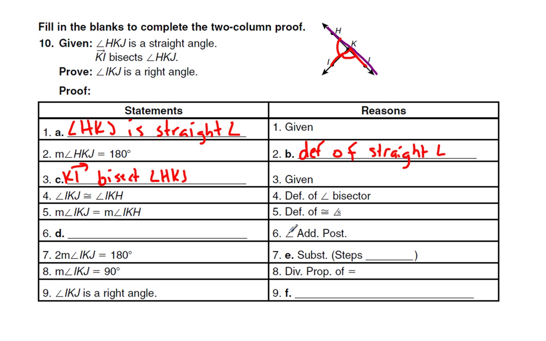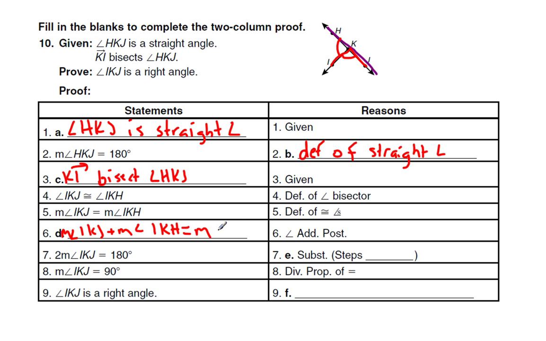And then our angle addition postulate says that we can add these two angles together. So the measure of angle IKJ plus the measure of IKH will have to be the same as the measure of both of these two together.